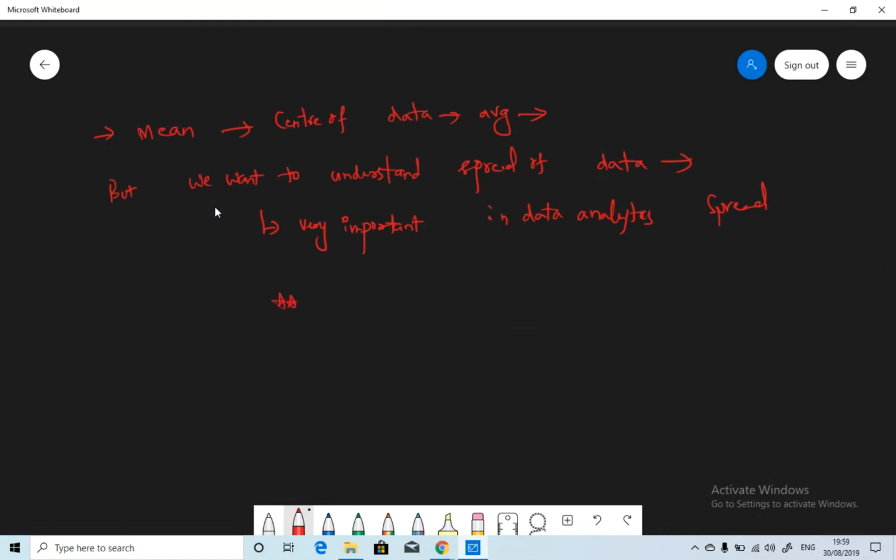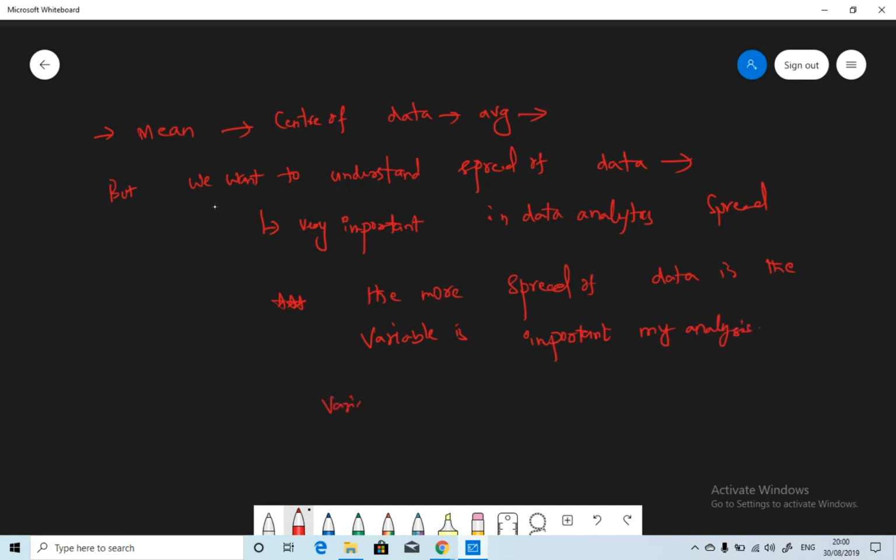One point you remember: the more the spread of data in a variable, the more important that variable is to my analysis.